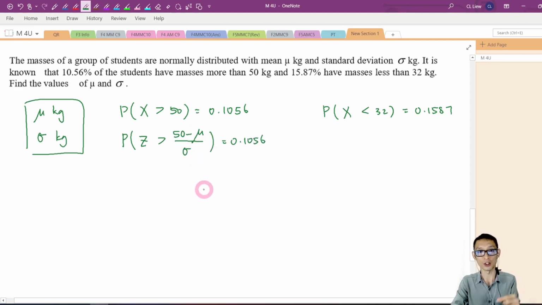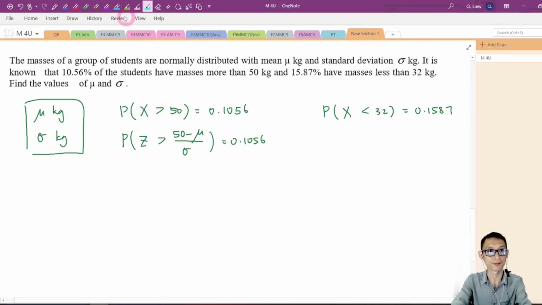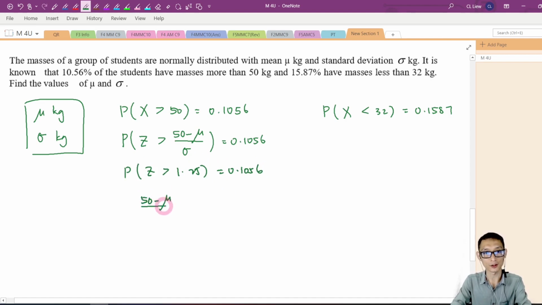Starting from inside, search for 0.1056 in the table. 1056 is over here, 1.25. So I know that 50 minus mean divided by the standard deviation is equal to 1.25. So 50 minus mean is equal to 1.25 times the standard deviation.